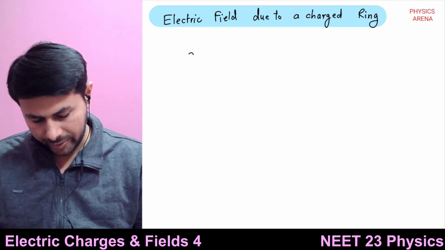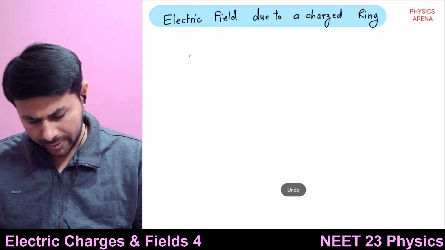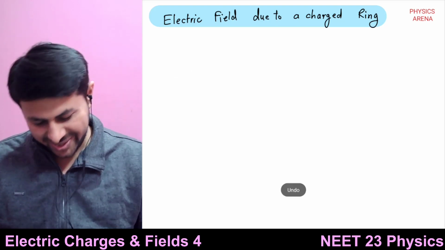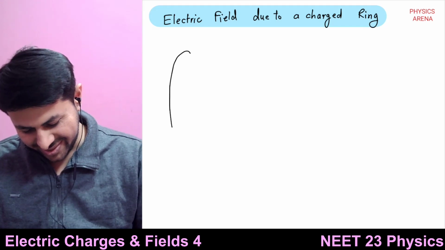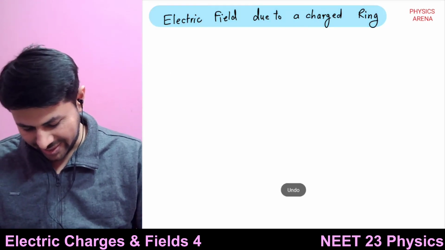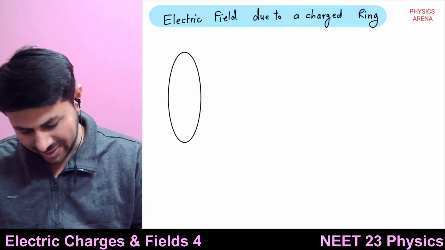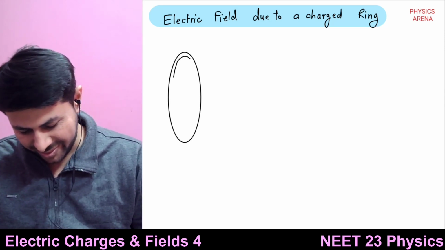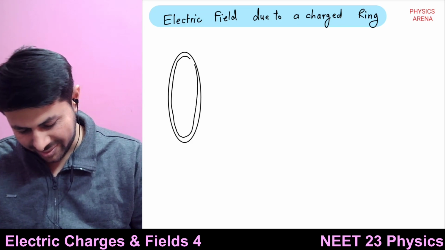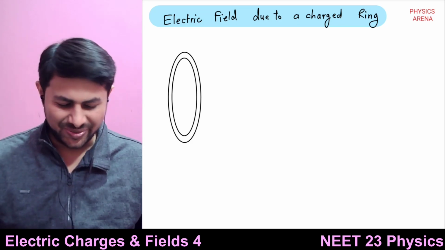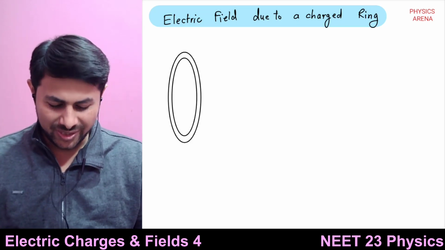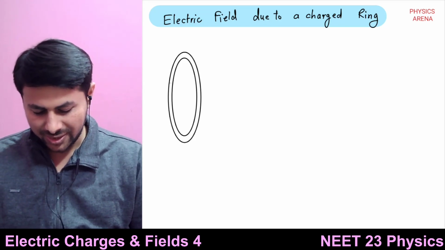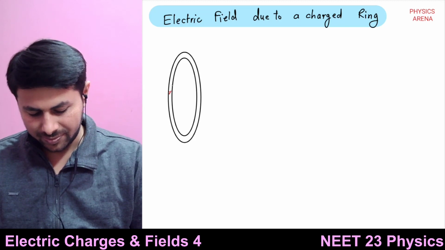Let me draw it. Can I draw an ellipse using this? Yeah, very good. So we have this charged ring, and the charge on the ring is, suppose, plus q.